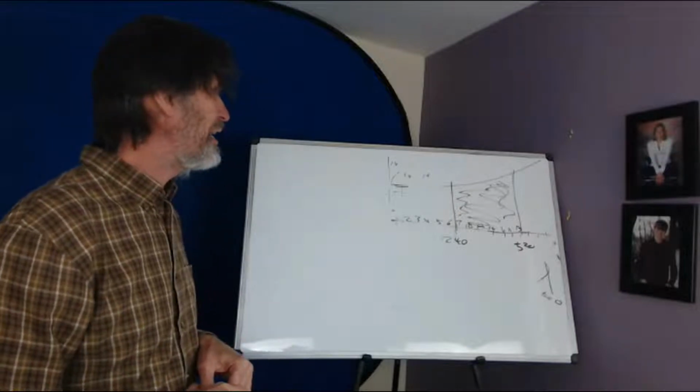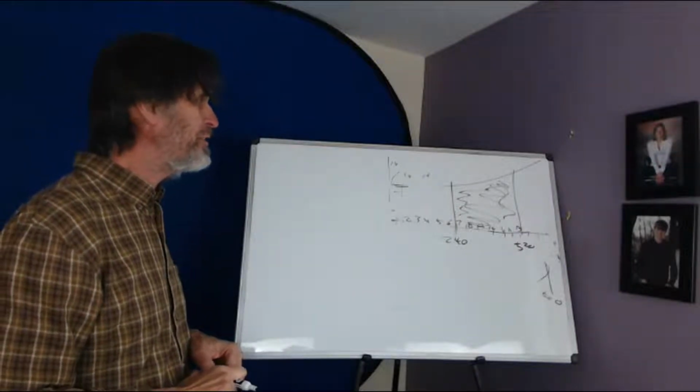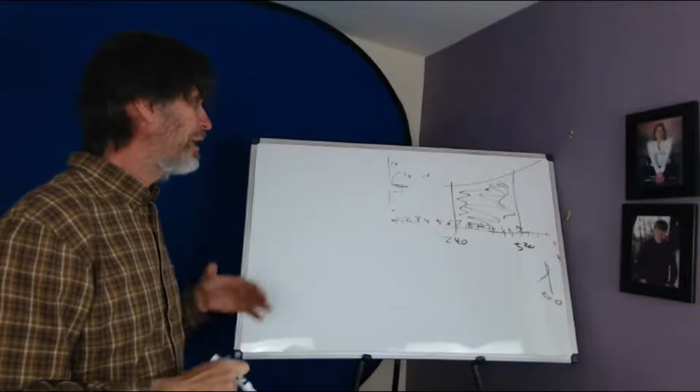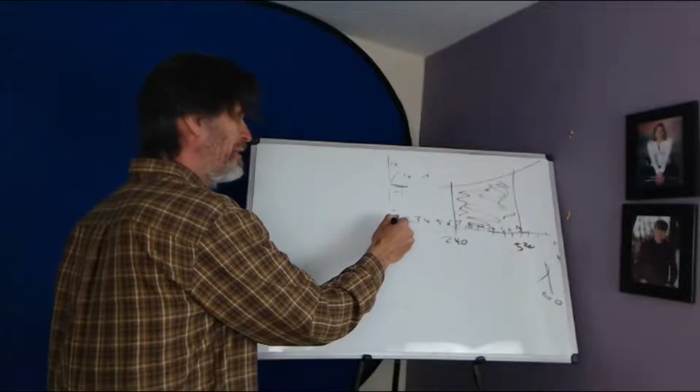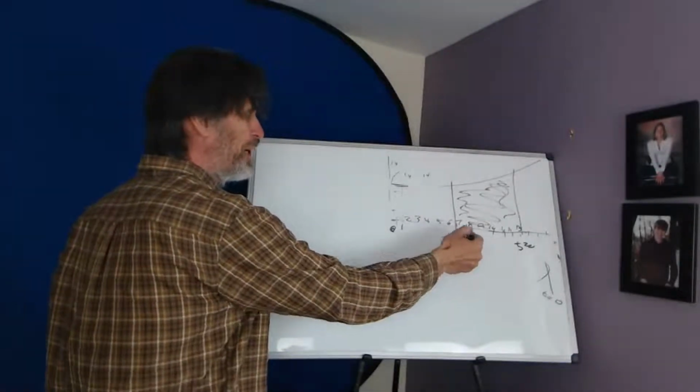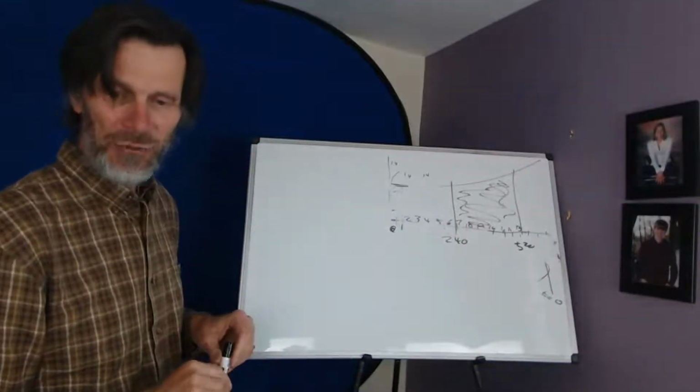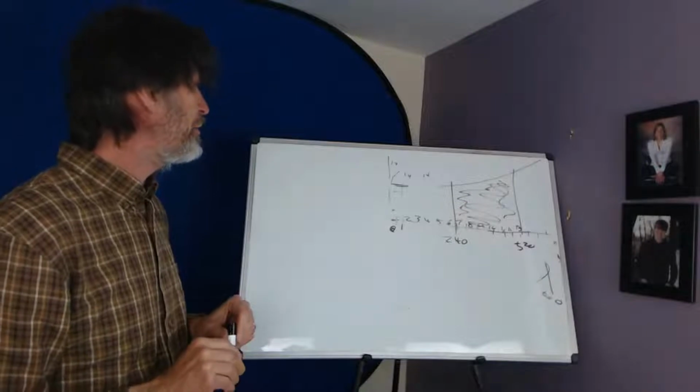So what would you say that area under the curve is? And again, we have to get our counters straight. Week 1 goes from 0 to 1. So that 240, that's the end of the 6th week. So what would that area under the curve represent?